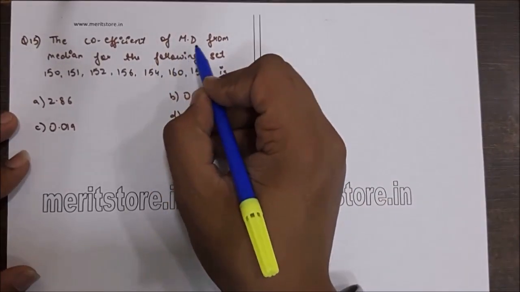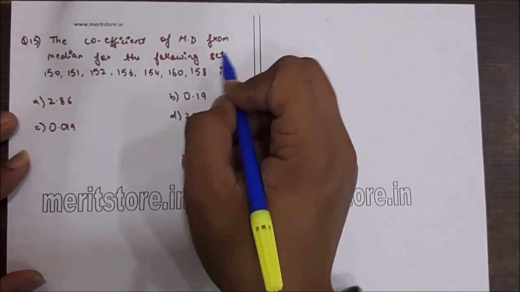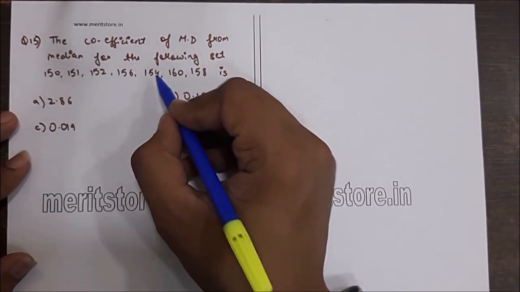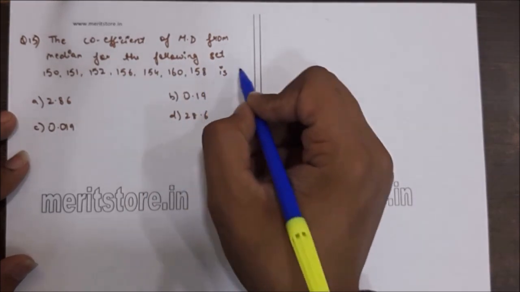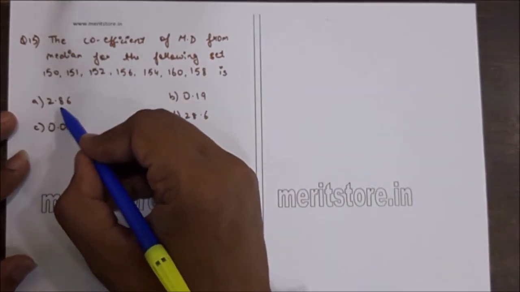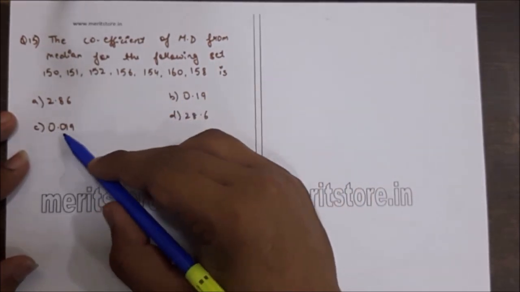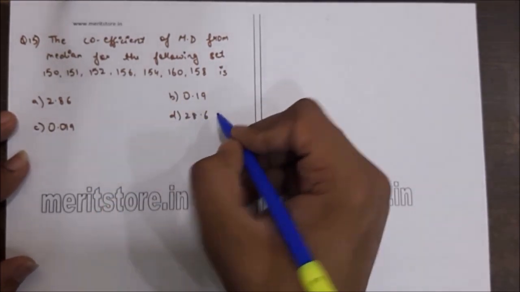The coefficient of MD from median for the following set 150, 151, 152, 156, 154, 160, 158 is option A 2.86, option B 0.19, option C 0.019, option D 28.6.